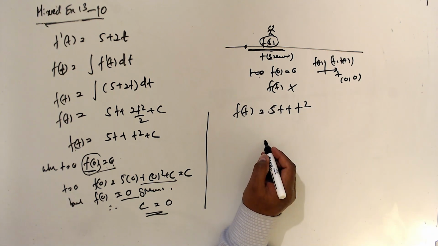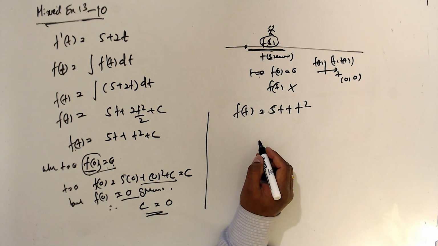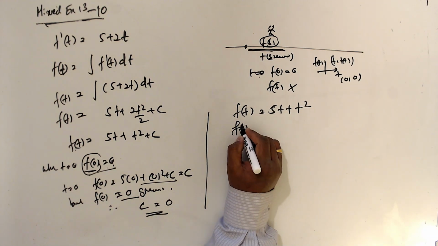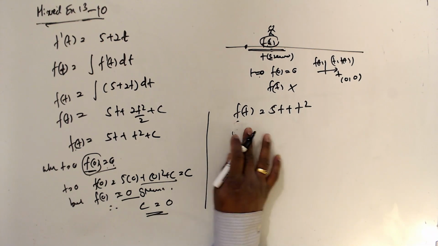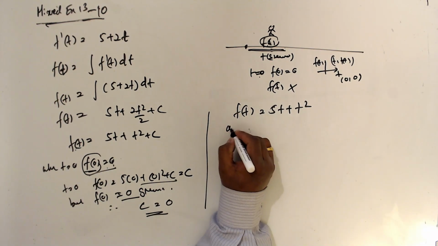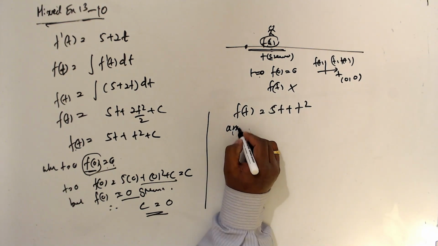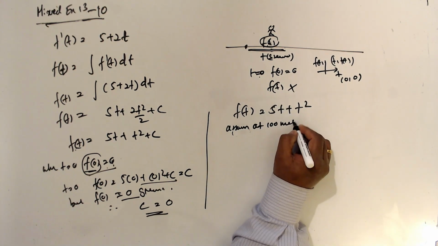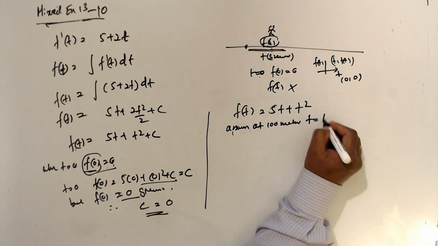Now, the next question is to calculate the time to travel 100 meters. Assume at 100 meters, t equals t1.